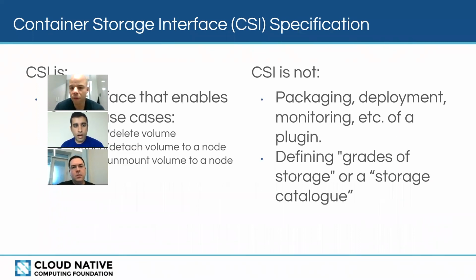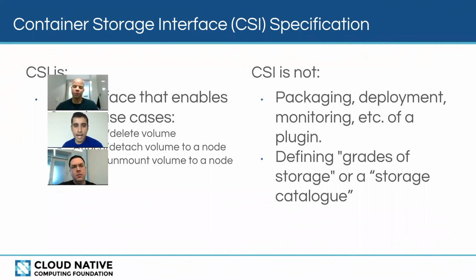So what is CSI? It's essentially three main method calls. One is to create a volume or delete a volume. Another is to attach or detach a volume from a node. And finally, to mount or unmount a volume. What CSI is not is a specification that specifies packaging or deployment.